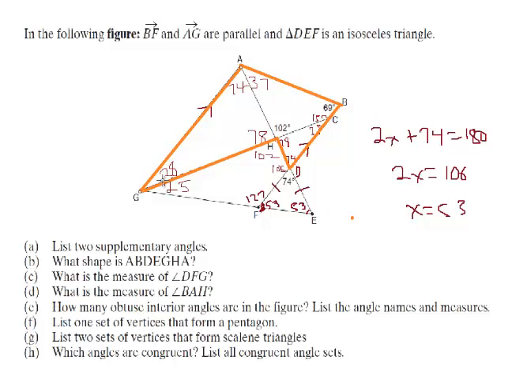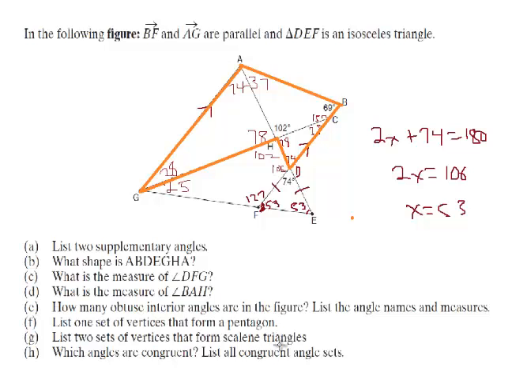Yeah, that would be a pentagon. There are many others, I'm sure, but this would be a weird-shaped pentagon, but it's still a pentagon. It's got 5 sides: 1, 2, 3, 4, 5, so the vertices would be G, H, D, B, A.